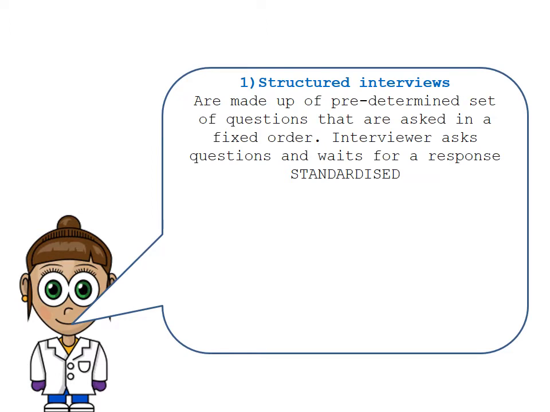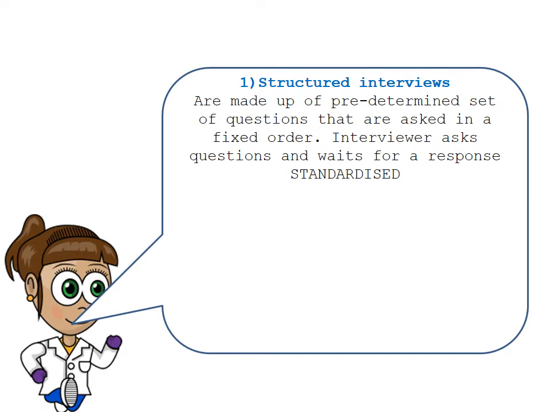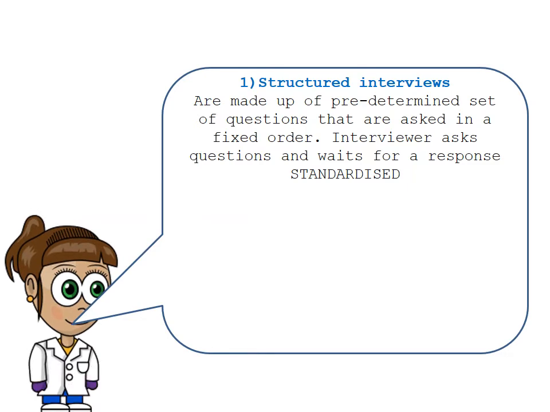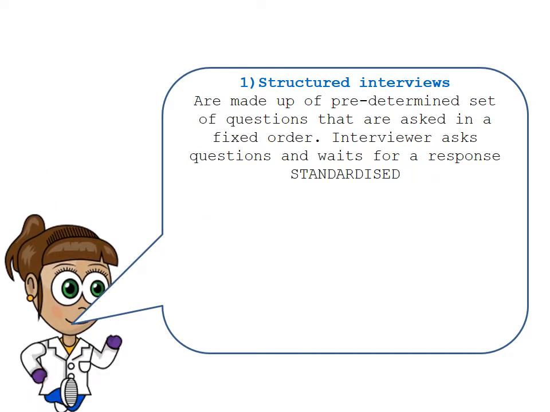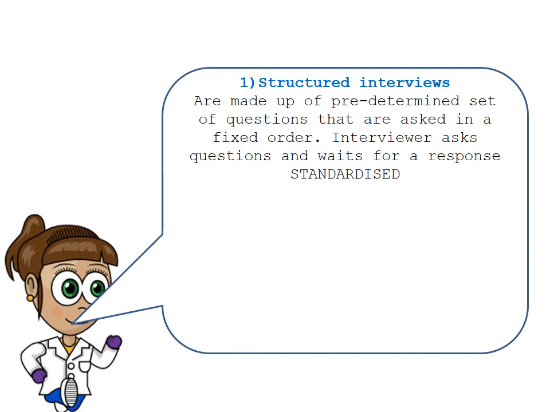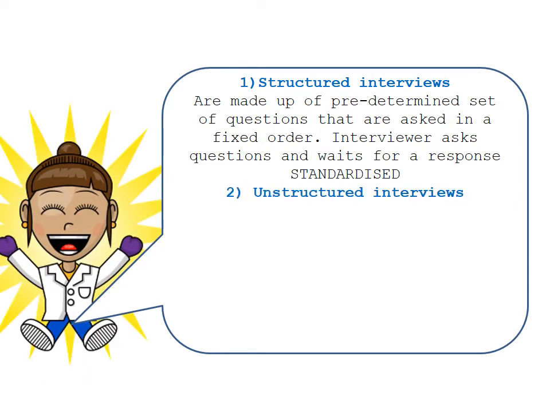Structured interviews are made up of a predetermined set of questions that are asked in a fixed order. The interviewer asks questions and waits for a response. Often the questions are standardised, so it's pretty much a questionnaire that's delivered face-to-face or on the phone.